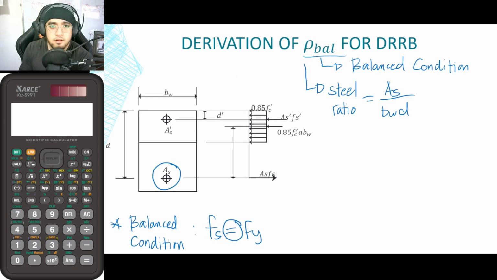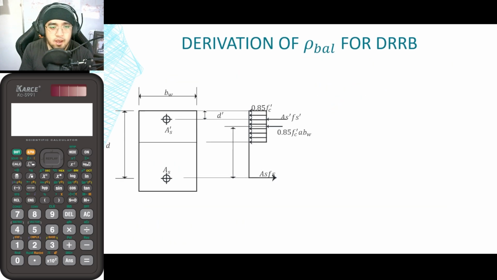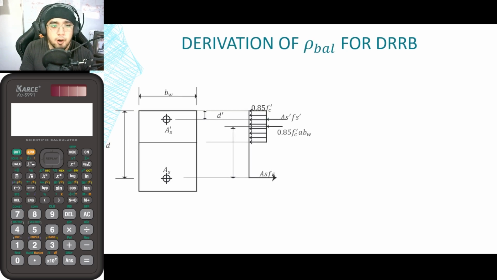Proceeding, let us now derive the value for rho balance. Once again, when we say balanced condition, fs must be equal to fy. And when we solved for the rho balance before, what we did was solve for the summation of horizontal forces equal to 0, or that the compression forces must be equal to the tension forces.